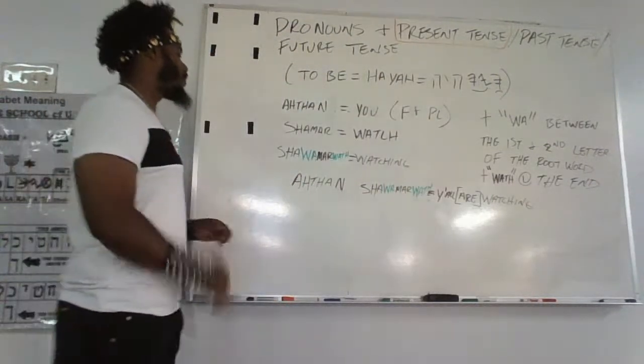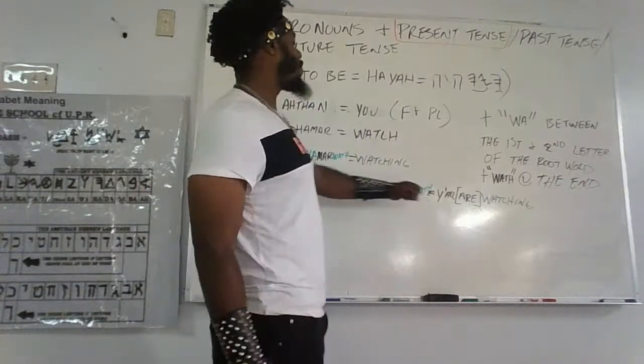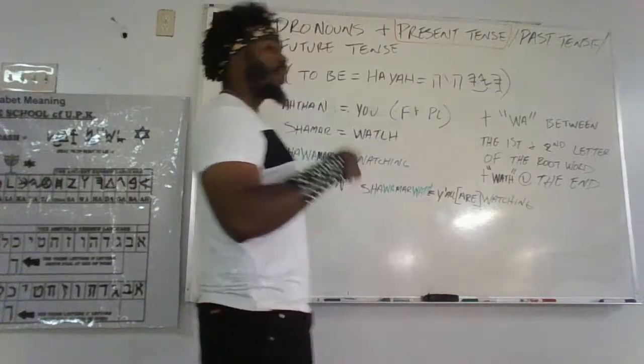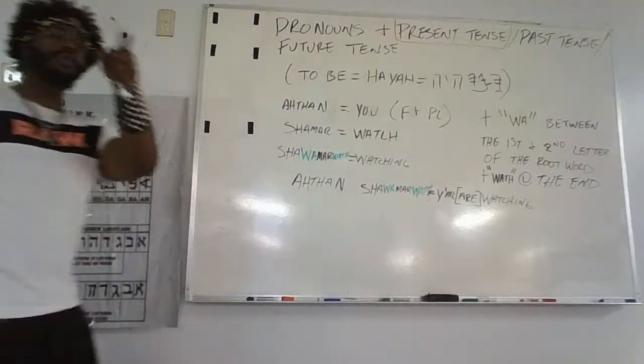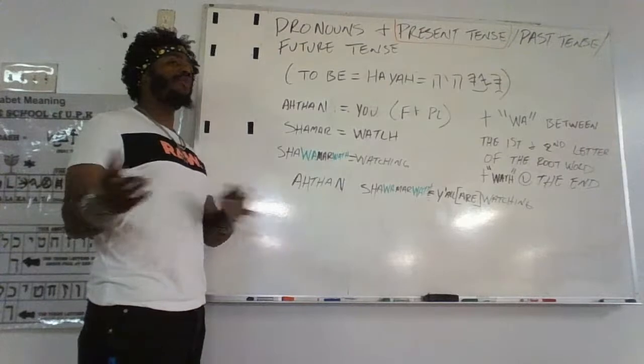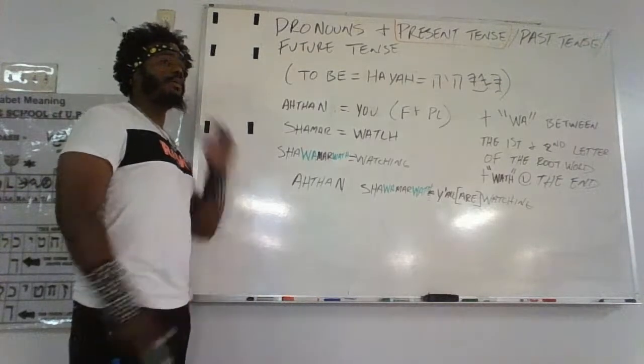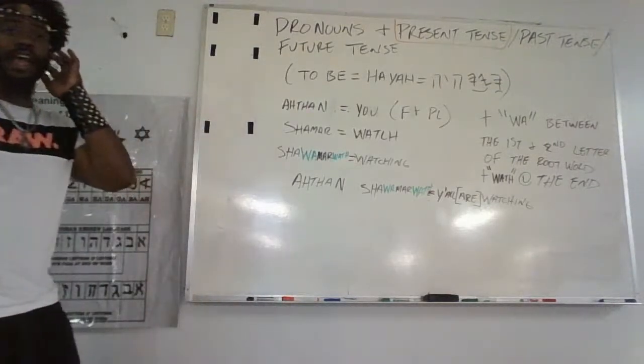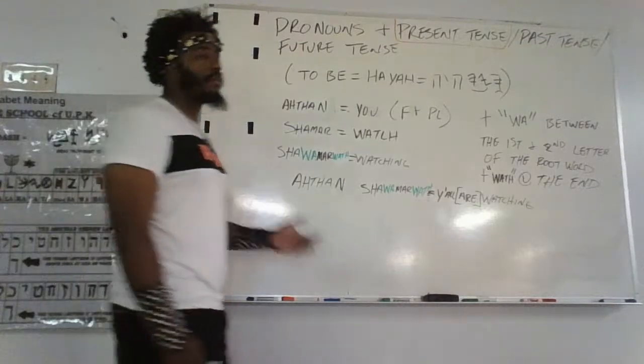So the sentence would be athon shawamarwa. Y'all are watching. That would be if I was talking to you sisters. I would say athon shawamarwa, because wa adds plurality, but from a feminine sense.